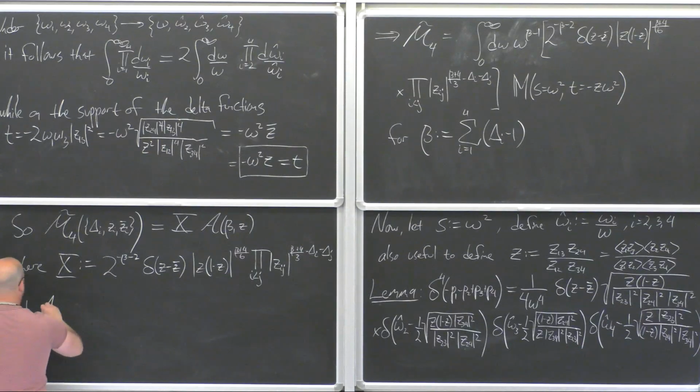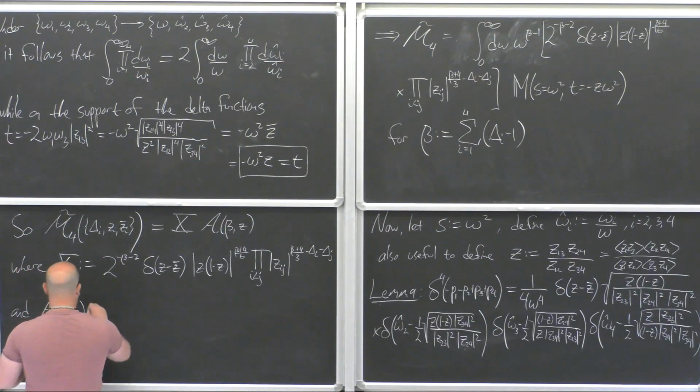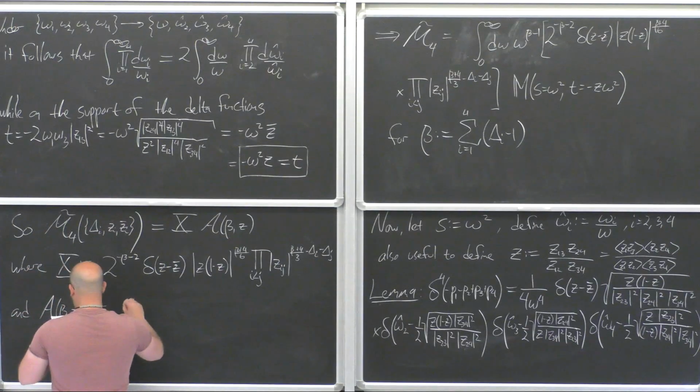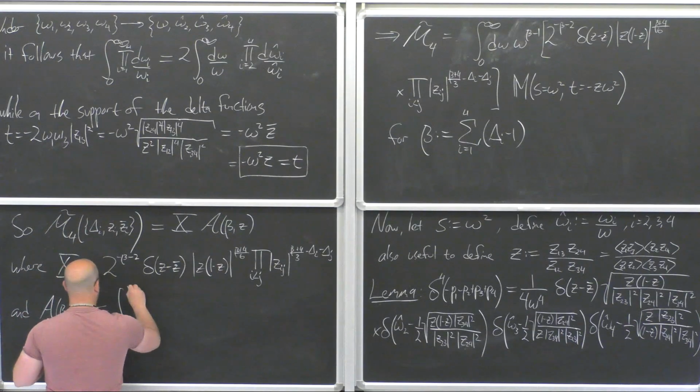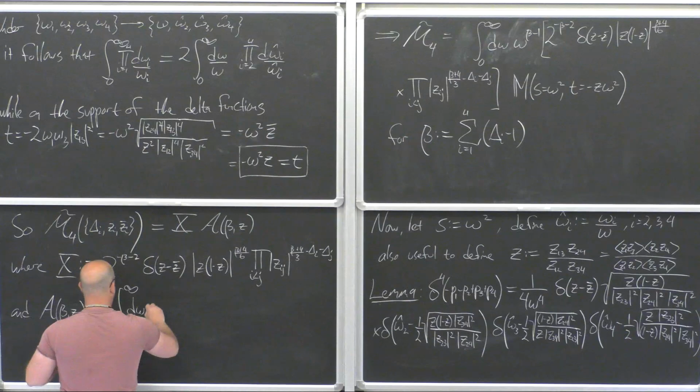And then the interesting part of the celestial amplitude, which doesn't depend on the conformal dimensions independently, it just depends on the sum of them, beta, and on the scattering angle, is the interesting integral that we have left over.